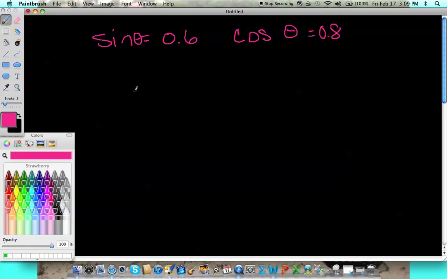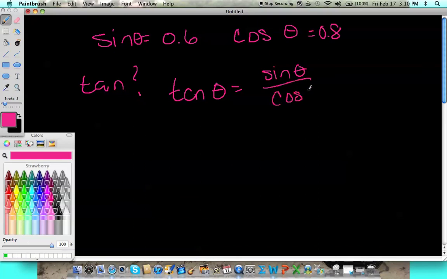So I can use those identities to help me find out some unknown information. Another example would be if I'm trying to find, using the same numbers, and now I've solved that the cosine equals 0.8. If I want to find tangent, well, I know that the tangent of theta equals sine over cosine.